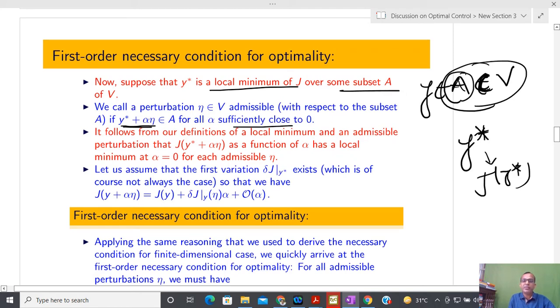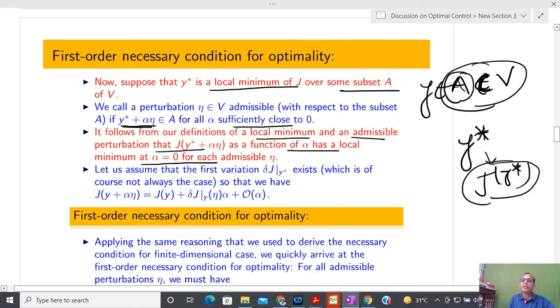We have to take the first order variation, and now it follows from our definition of local minimum and admissible perturbation that this, as a function of alpha, has a local minimum at alpha equal to 0. It means that if alpha is tending towards 0, then J of y star, which maps to a real number, is the minimum real number in all the vicinity.